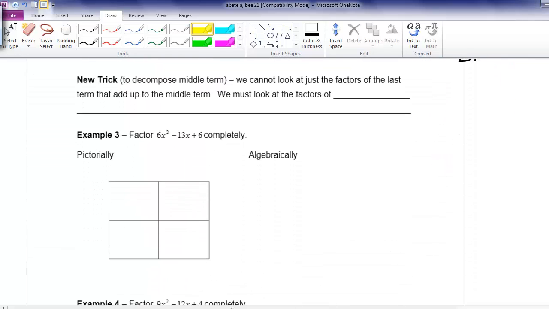Okay, so again, summarize that. Here it is right here. Our new trick is to decompose the middle. We cannot look at just the first factors of the last term, then add to the middle.